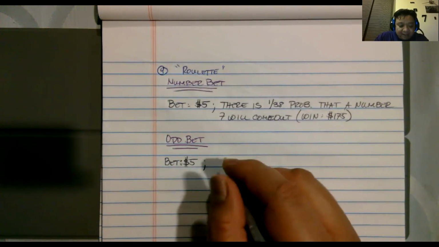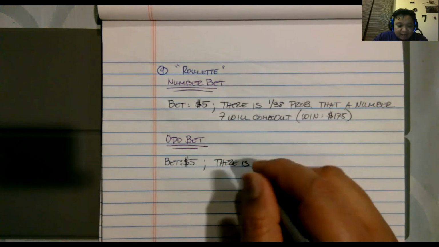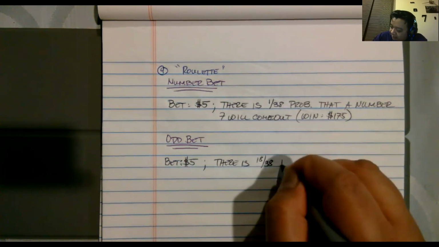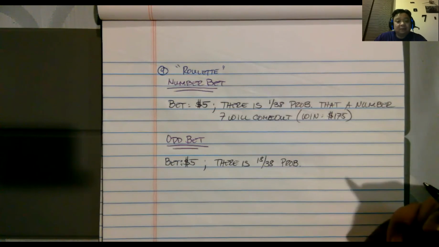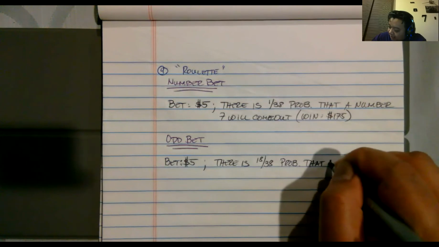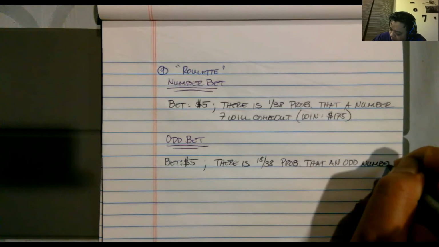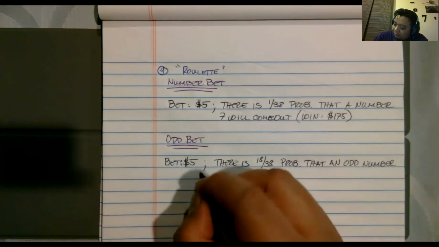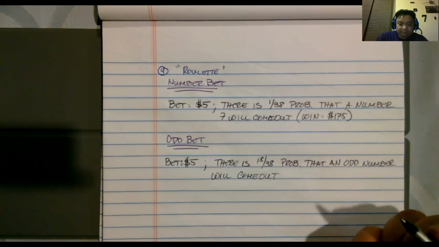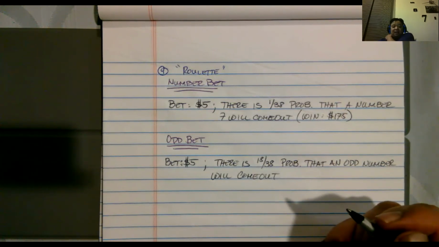And this time there is an 18 out of 38 probability that an odd number will come out. So there's an 18 out of 38 that an odd number will come out.